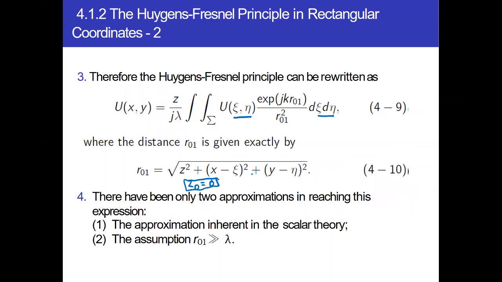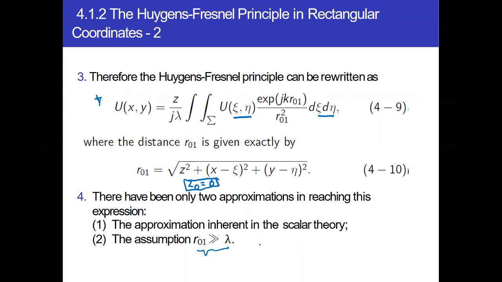And then there have been only two approximations in reaching this expression: the approximation inherent in the scalar theory and the assumption R01 is much, much larger than the wavelengths.